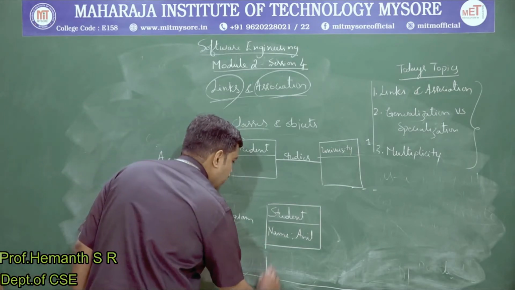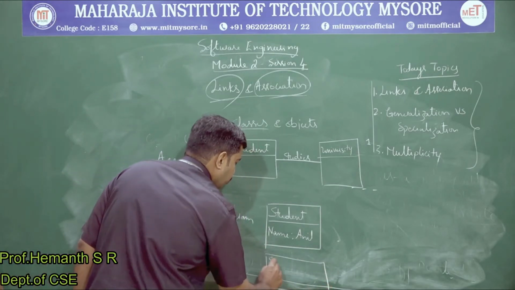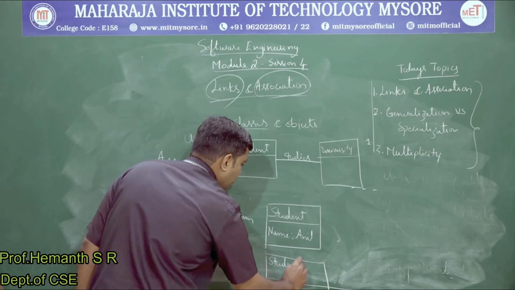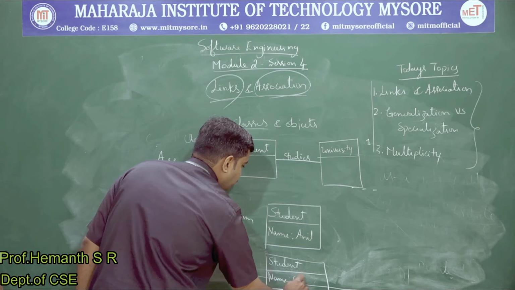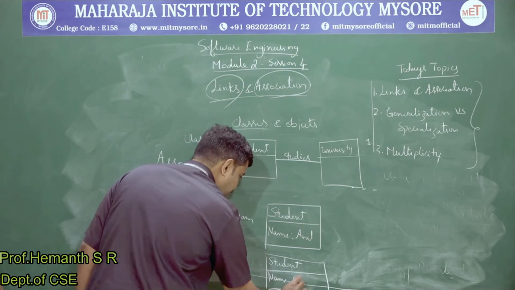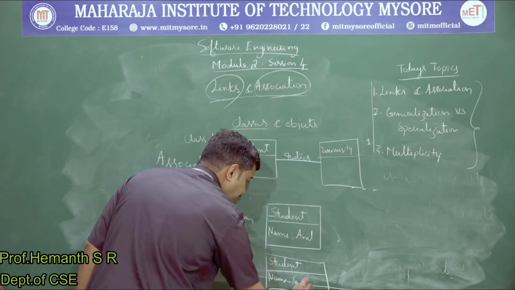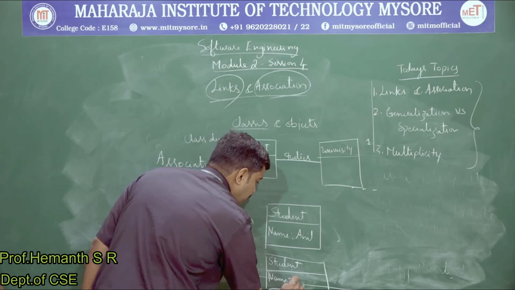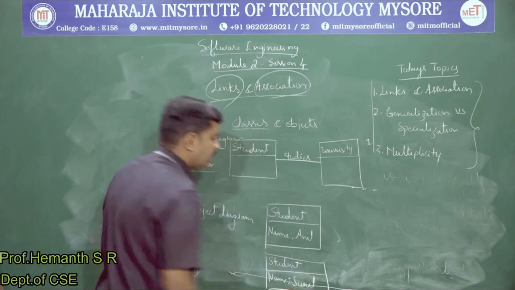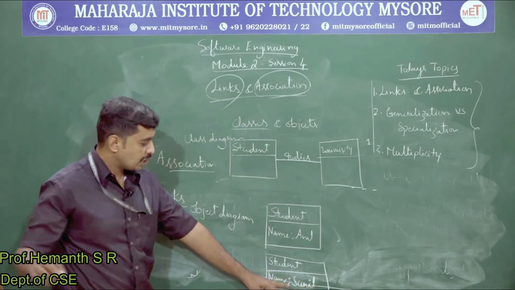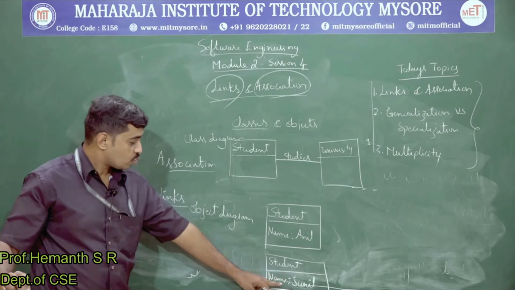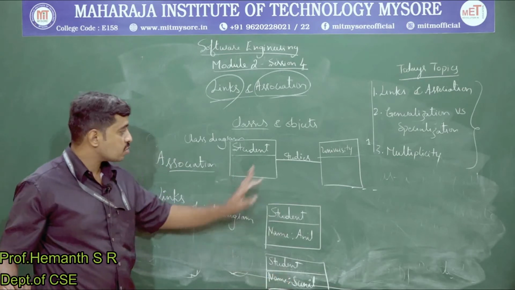I can create one more student, by name Sunil. Sunil is a student. Sunil is an object of class student.